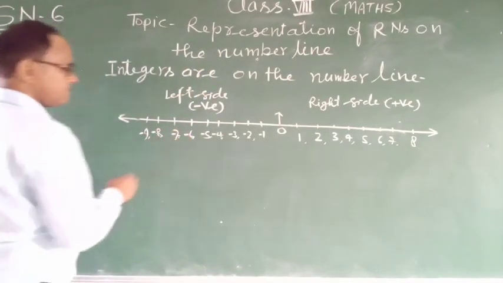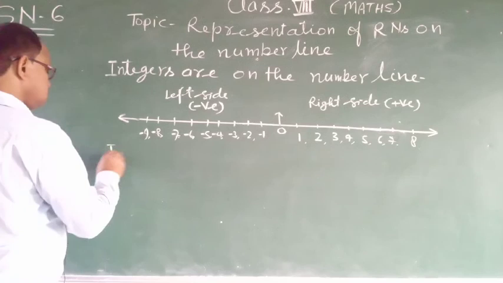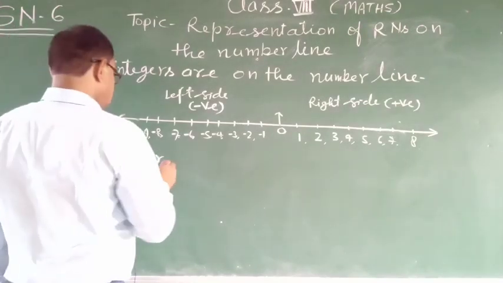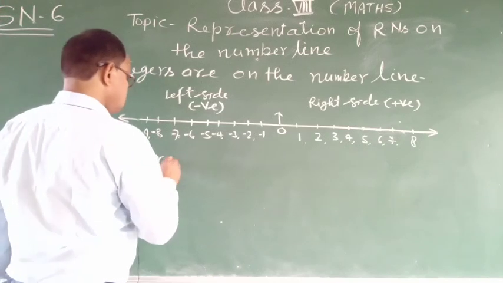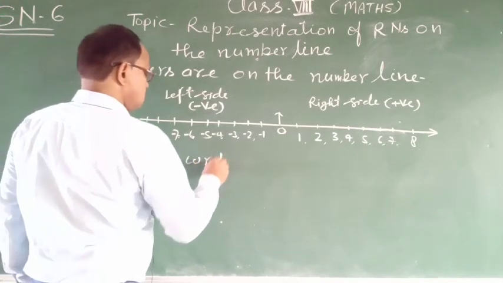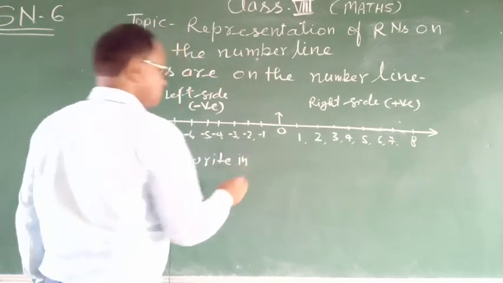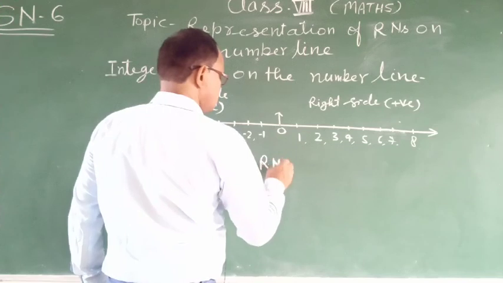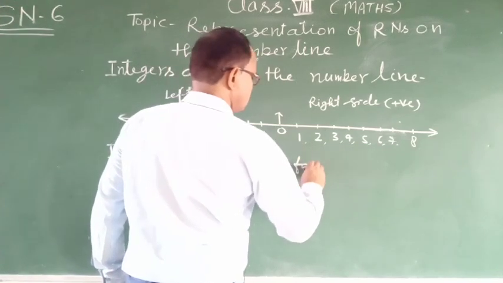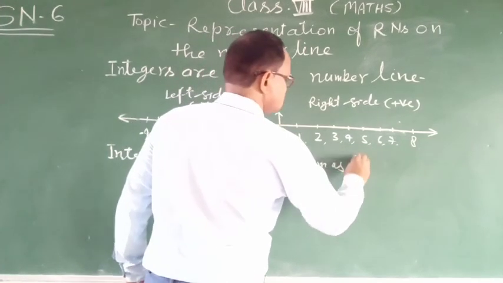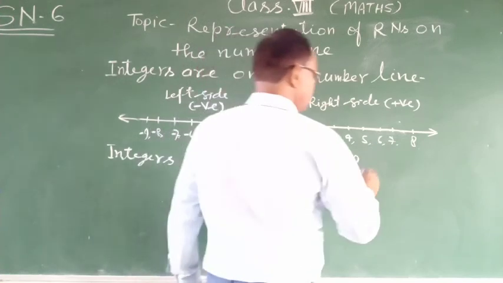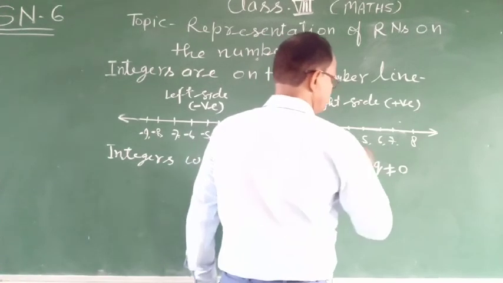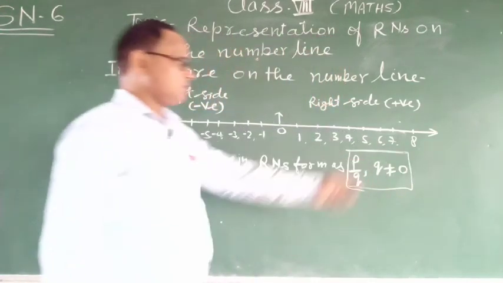Here, integers can be written as rational numbers in the form P by Q, where Q is not equal to 0. Okay? Rational form.